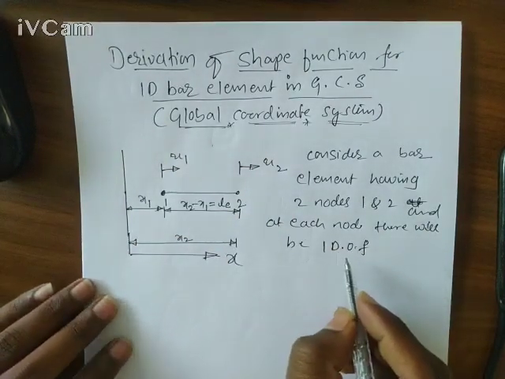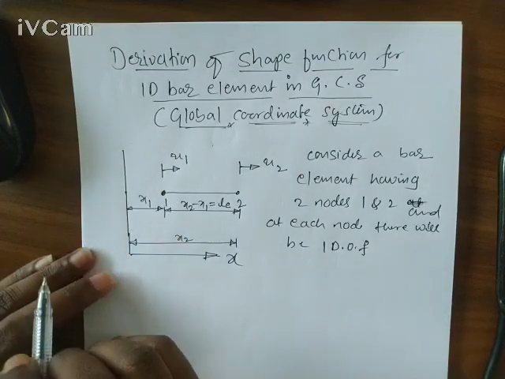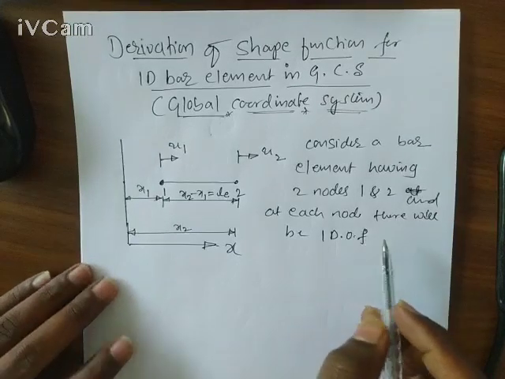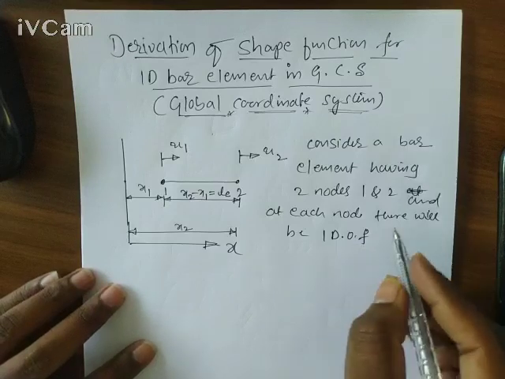So what is meant by 1 degree of freedom? It means at every node only one displacement is allowed. So that is the reason at each node there will be 1 degree of freedom.